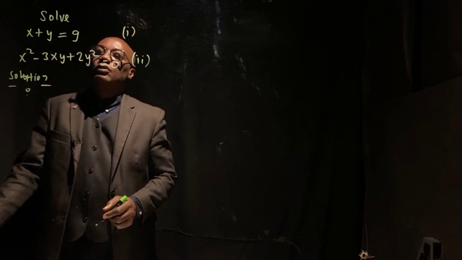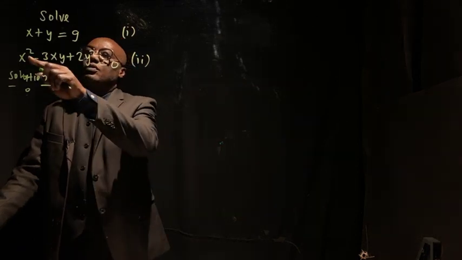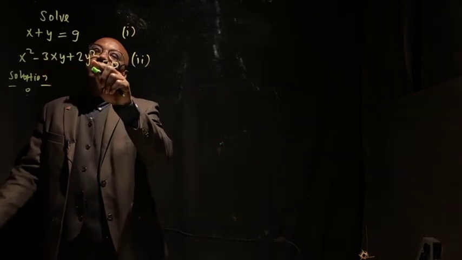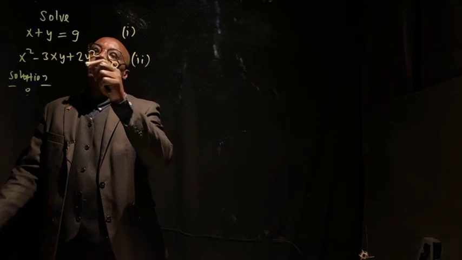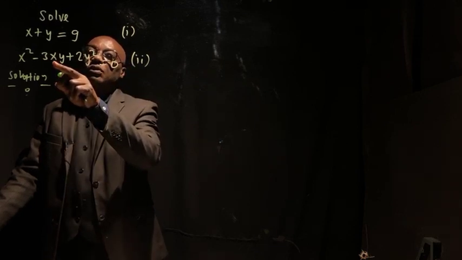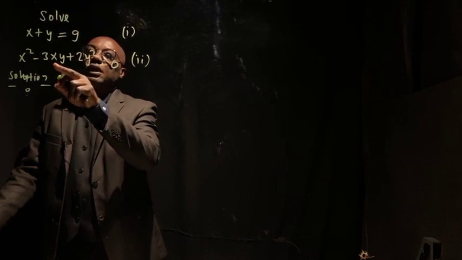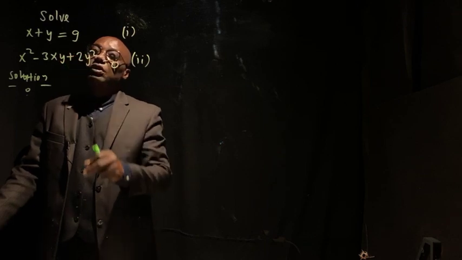Why? It is a homogeneous equation of second order because you see x raised to the power 2 there, you see y raised to the power 2 there, and you also see that x, being a variable, is multiplied by another variable y. So principally, they are also to the power 2.